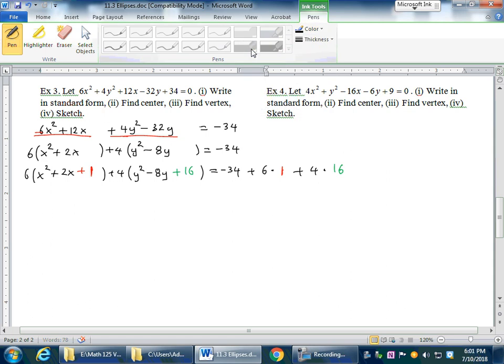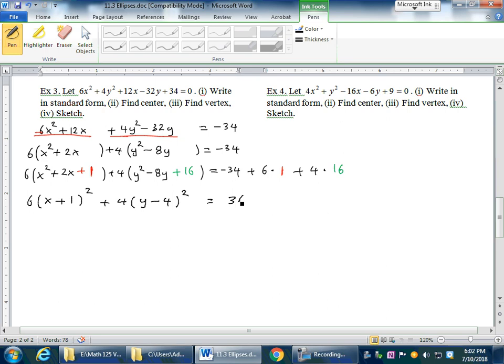So finally, once you get that, because this is a perfect square trinomial, it will be x plus 1 squared plus 4 times y minus 4 squared is equal to, let's simplify using the calculator on the right-hand side, right? Negative 34 plus 6 plus 64, because 6 times 4 is 64. So that gives me 36.